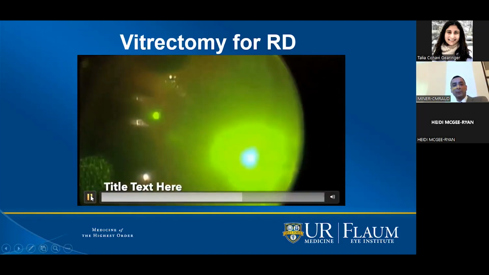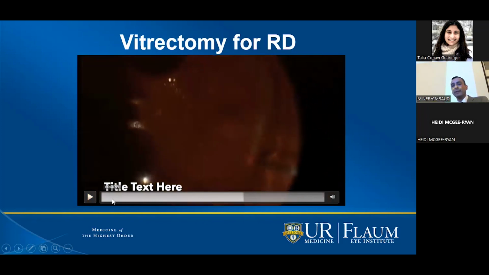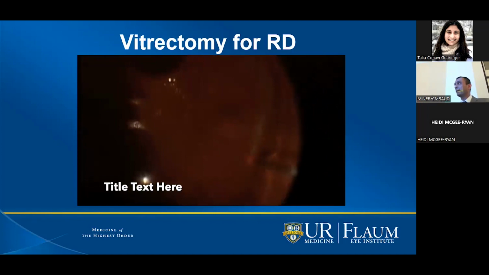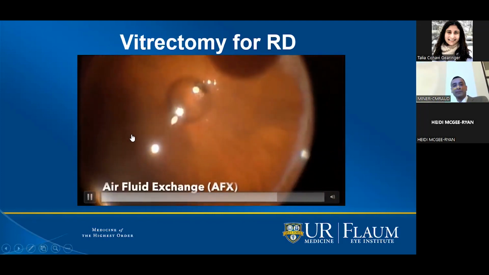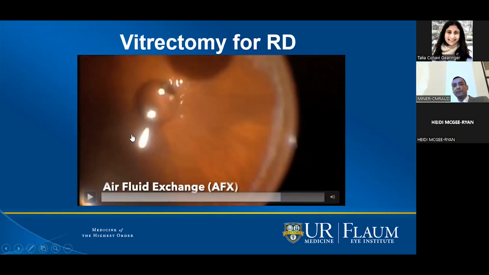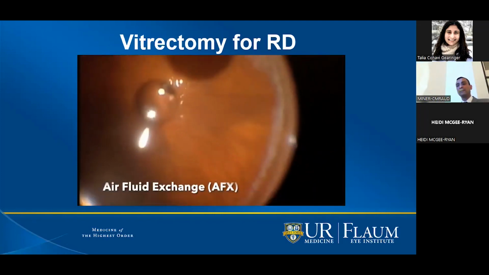Once the fluid is drained out, we like to laser the areas where the tears and the holes are, and that's what you see here. Once that is done, now that the retina is nice and flat, we're going to remove all the fluid at the next step.